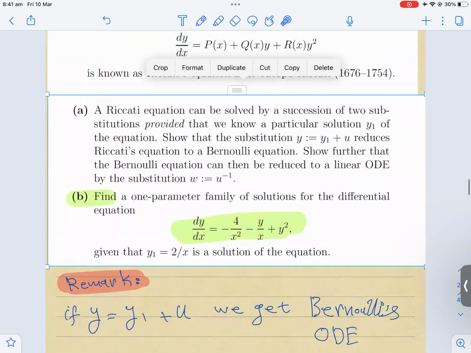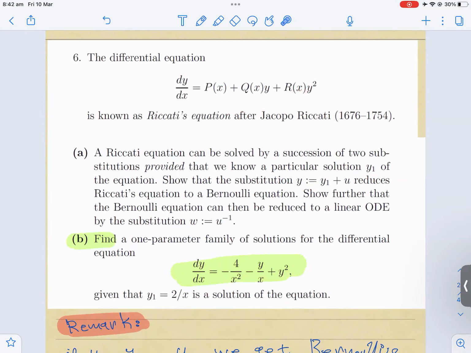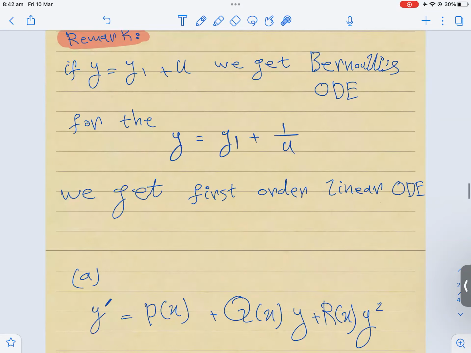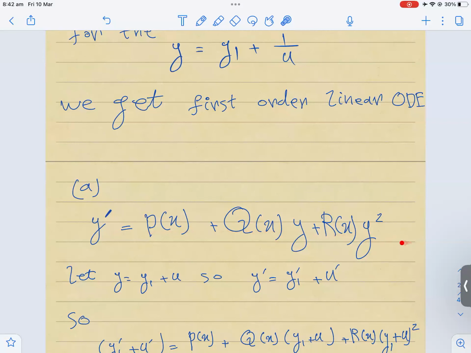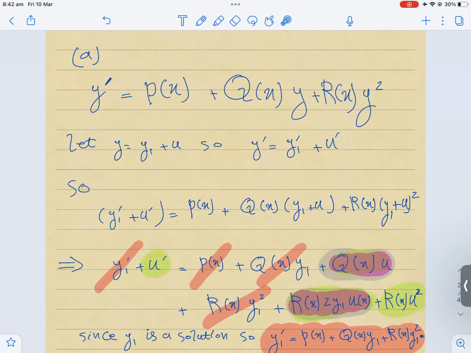So part A, let's do some analysis. I've got this one and I want to use one of these. So y prime is this one, and let's assume that we use the first method. We want to reach the Bernoulli. Instead of y, I want to put y1 plus u. What the y1 is this.